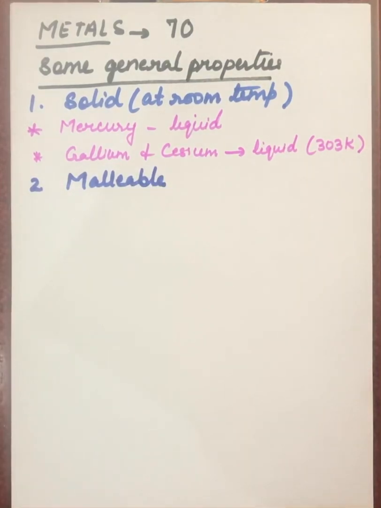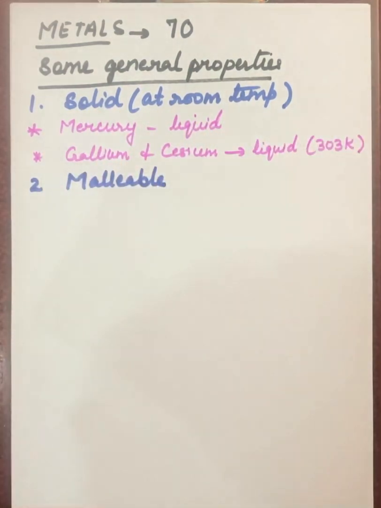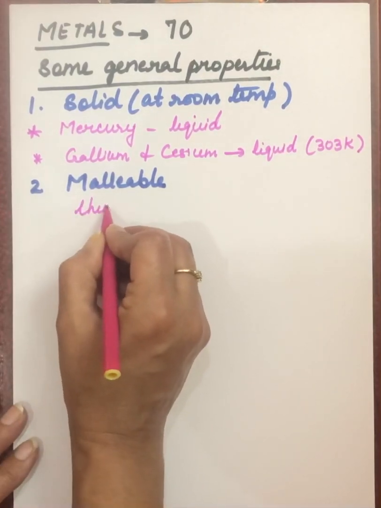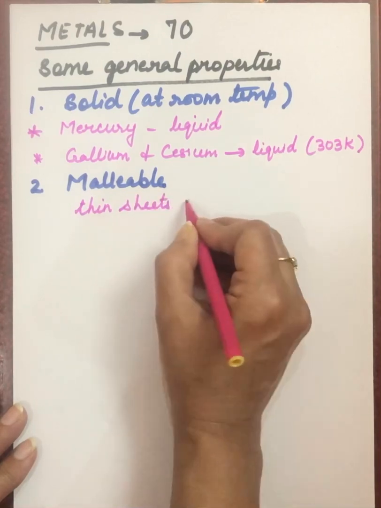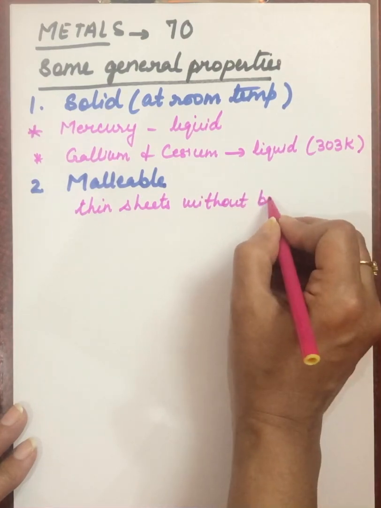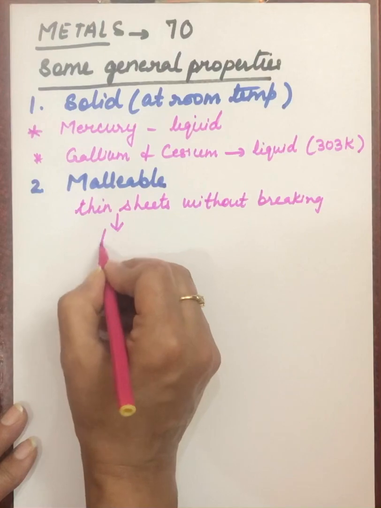If we take a metal and start beating it with a hammer, it will start flattening and ultimately change into a thin sheet. So metals are beaten into thin sheets without breaking, and these thin sheets are called foils.